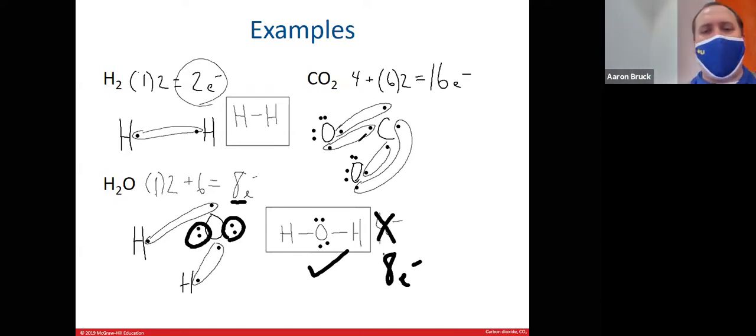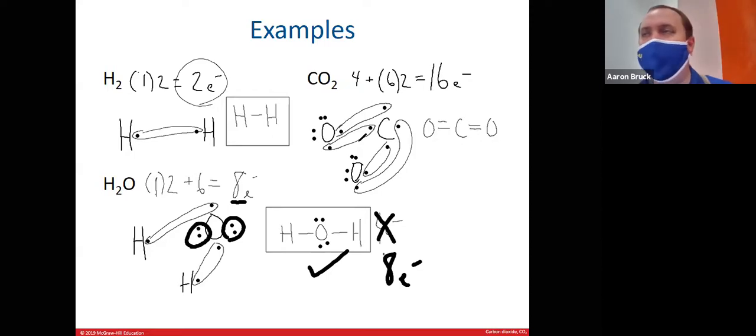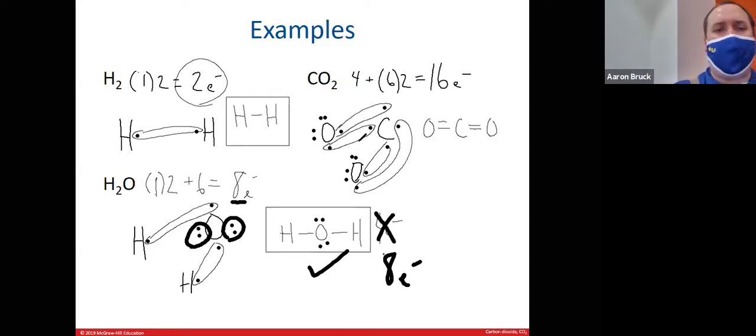I'm going to redraw this: oxygen, double bond, carbon, double bond, oxygen. And I'm going to remember to put in all of my dots. So this oxygen needs 4 dots. This oxygen also needs 4 dots.